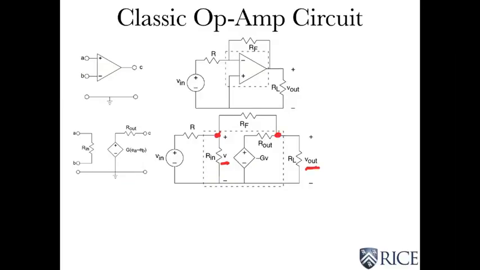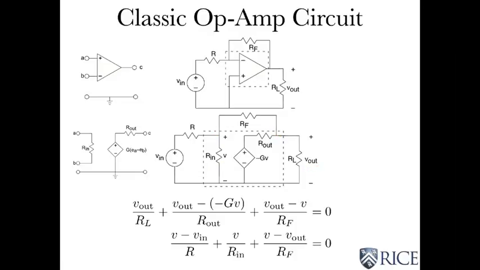So we need to write the node equations. So here they are, and let's go over one of them. The first one I've written here applies to this node right there. So let's see, the current going south is V out over RL.